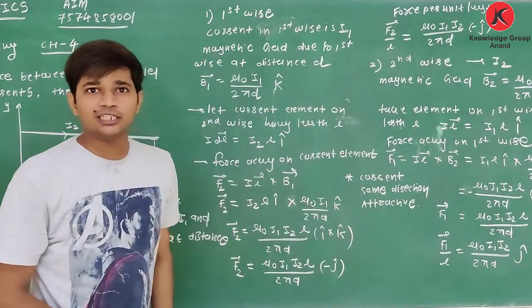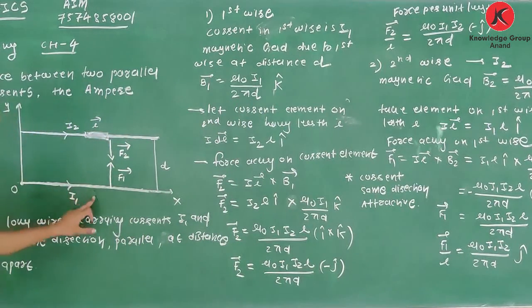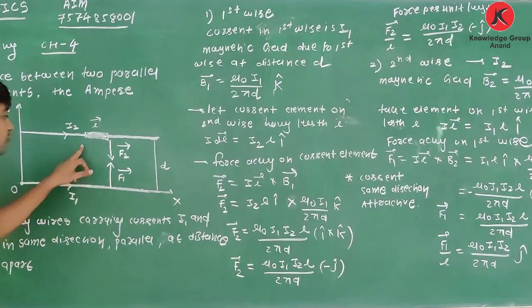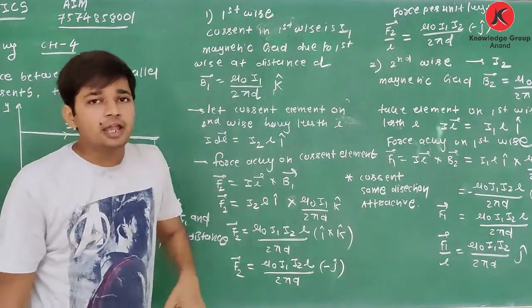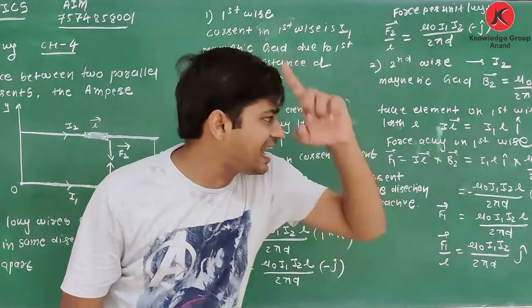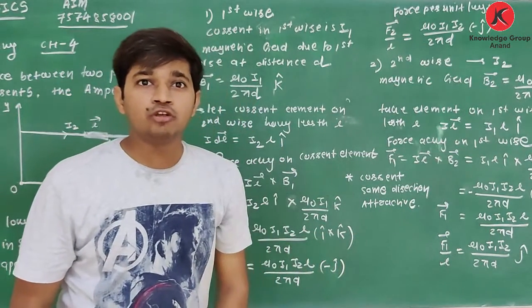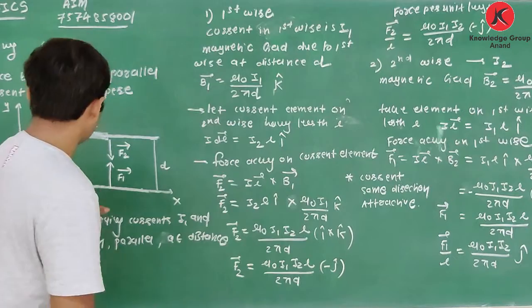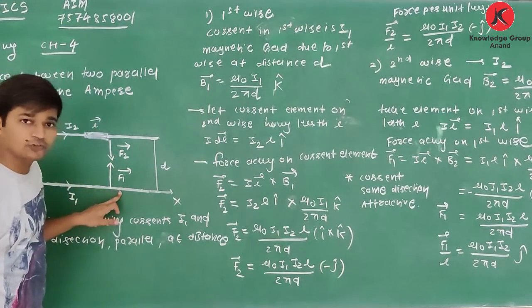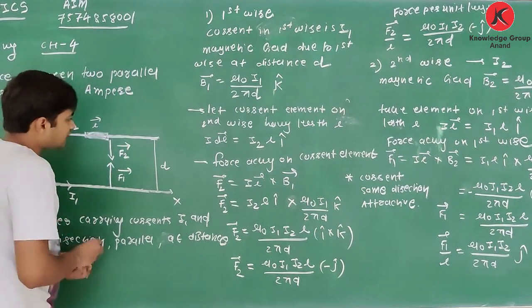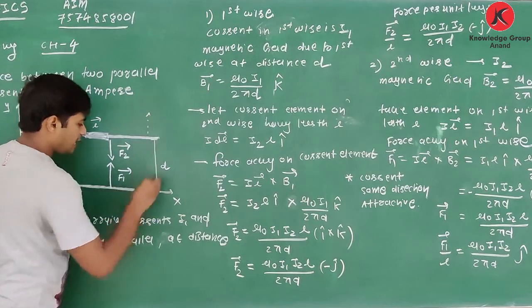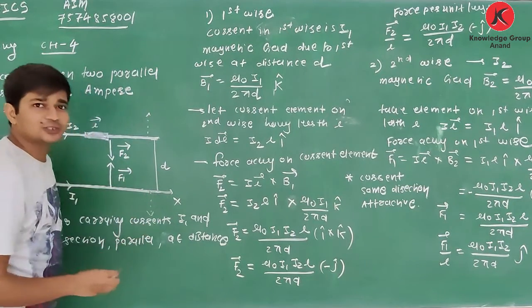Okay, now see this figure. I1 and I2 are in the same direction. If you reverse the current in any one wire and repeat this calculation, you will get one result. It is F1 and F2. See, this F2 will be in this direction and this F1 will be in this direction.